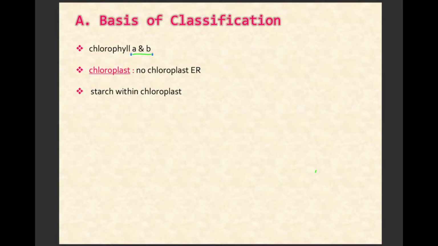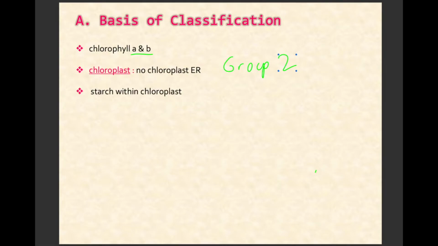Then, in terms of your chloroplasts, as you remember, your division Chlorophyta belongs to group 2, meaning their chloroplast doesn't have any chloroplast ER, so they are group 2 in terms of their chloroplast morphology.